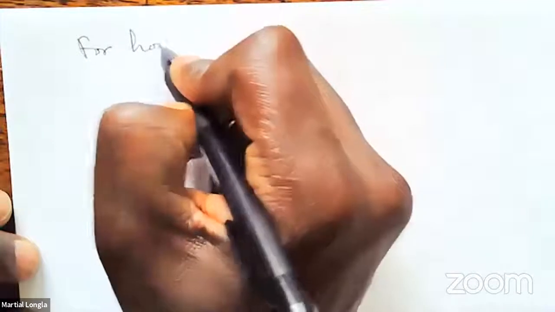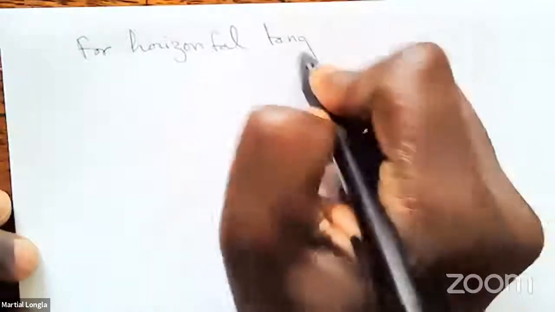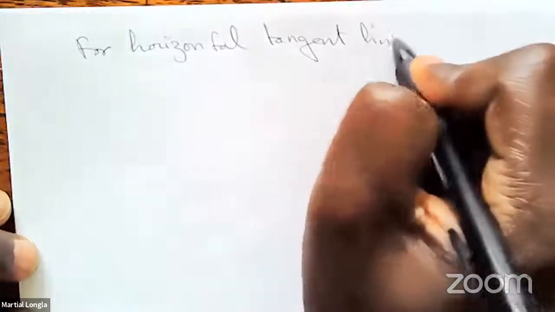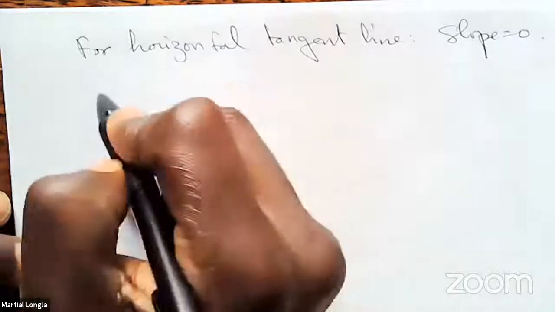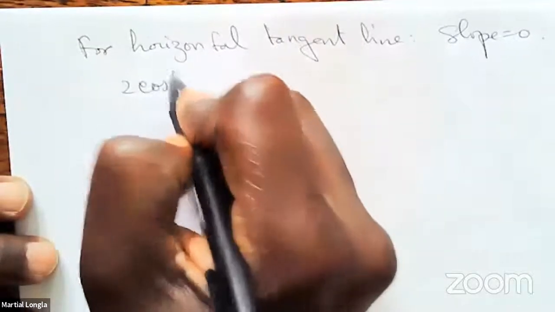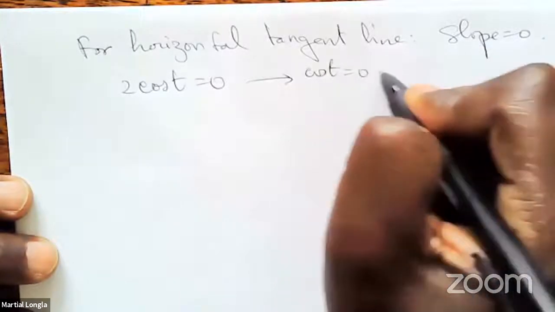For the horizontal tangent line, you get slope equals 0, which leads to 2 cosine t equals 0, so cosine t equals 0.